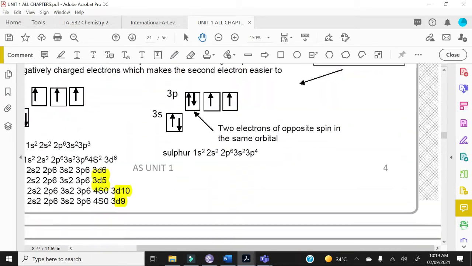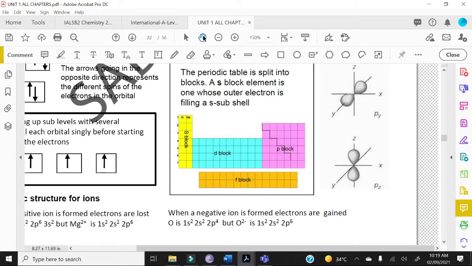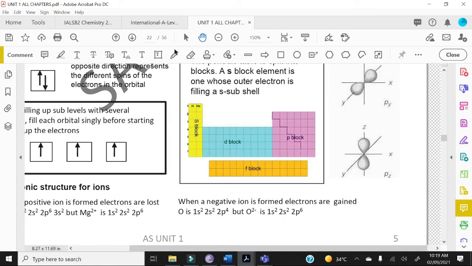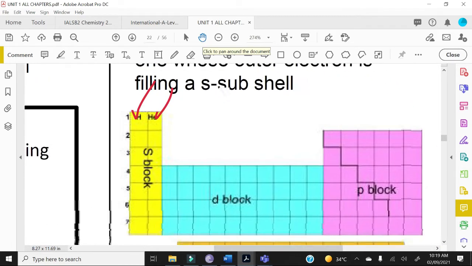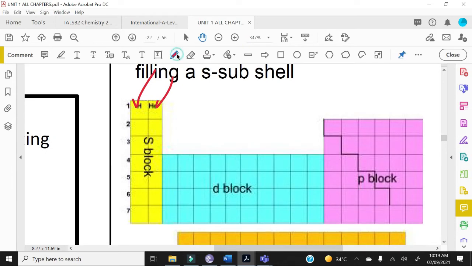You can see the periodic table here. S is of 2 kinds. So you can see S has 2 kinds here, 1 and 2. This one ends up with 1s1, or s1 only.